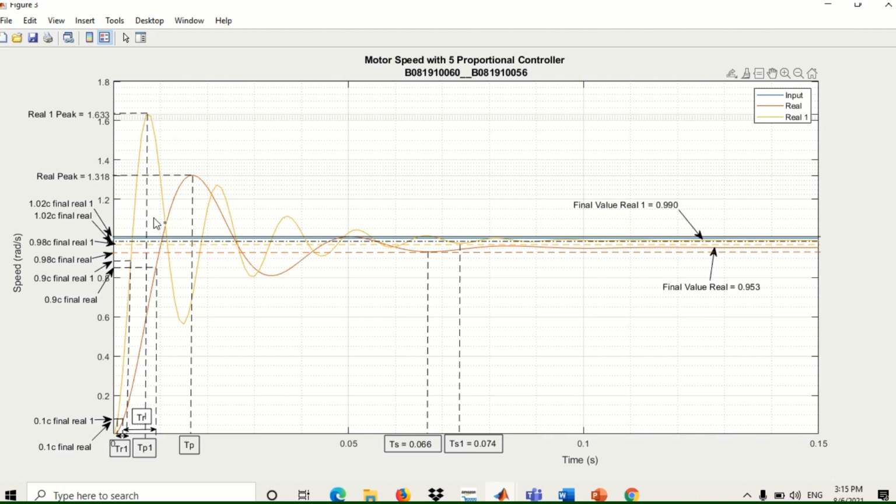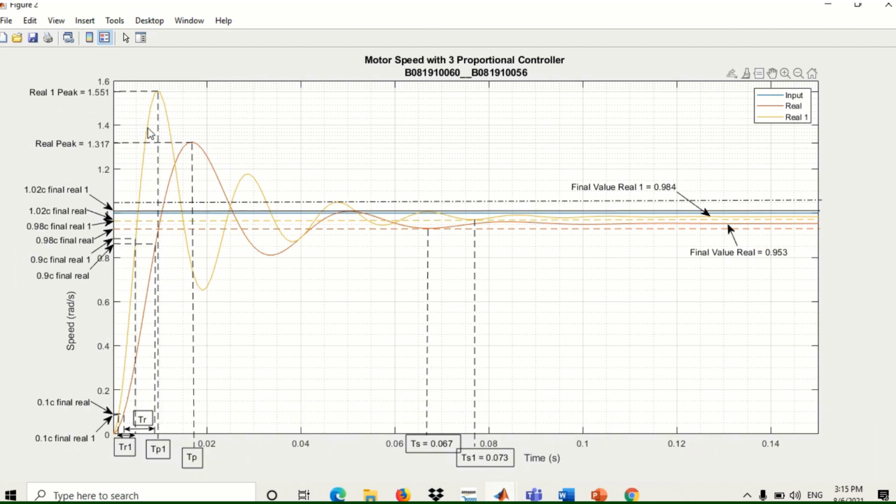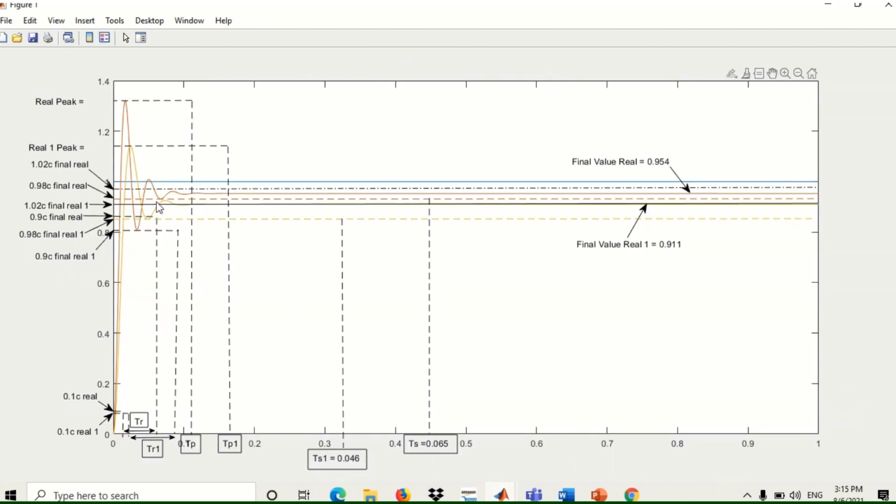We get this from the graph. So this is 5. So the time is very short compared with the graph for 3 and also for 0.5.